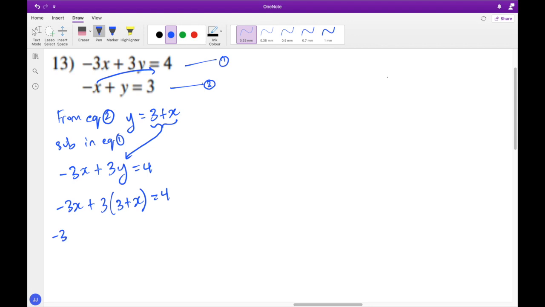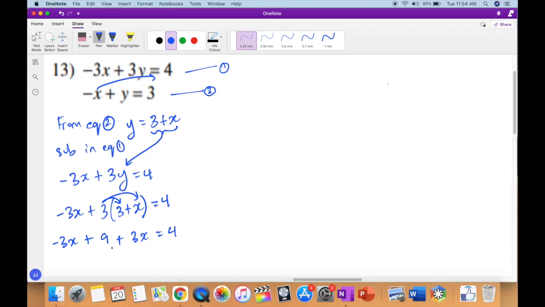So negative 3x plus 3 times 3 is 9, and then 3 times x is plus 3x, and that is equal to 4. So now we have negative 3x plus 9 plus 3x is equal to 4. And something seems really strange here, right? Because we have negative 3x plus 3x. Well, we know that negative 3x plus 3x is 0.